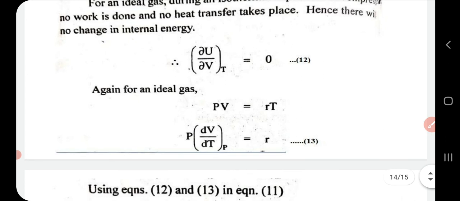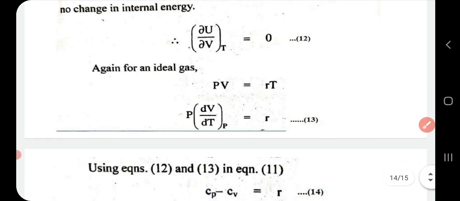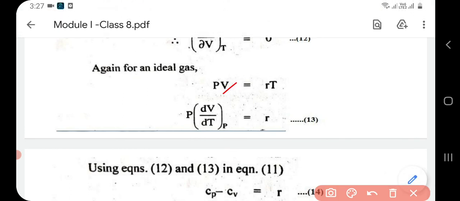Now we know the ideal gas equation PV equal to RT. Now you are going to differentiate it with respect to temperature. First function into derivative of second plus second function into derivative of first, like that you have to do. So the first function, pressure, is kept as it is.